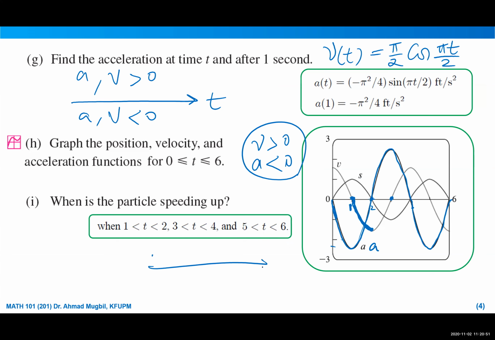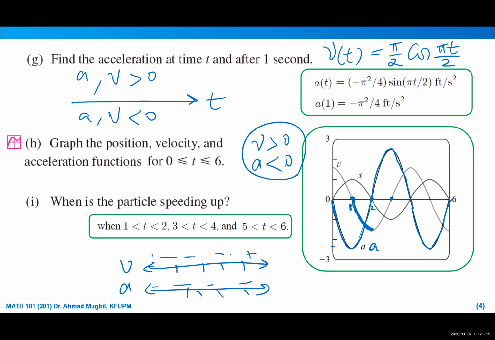You can make a number line, you can make a table for the velocity where it is positive, where it is negative, and you can do the same for the acceleration, and then look at when they have the same sign and when they don't. No need to sketch the graph if it is difficult for you to sketch it. So you can solve them algebraically by making a table of signs.